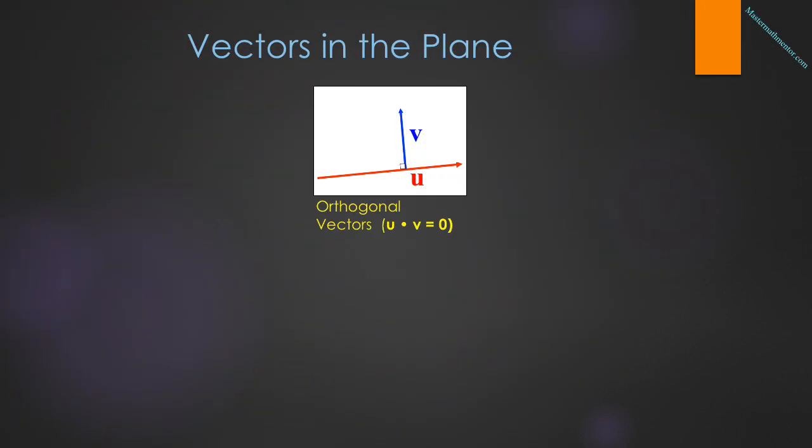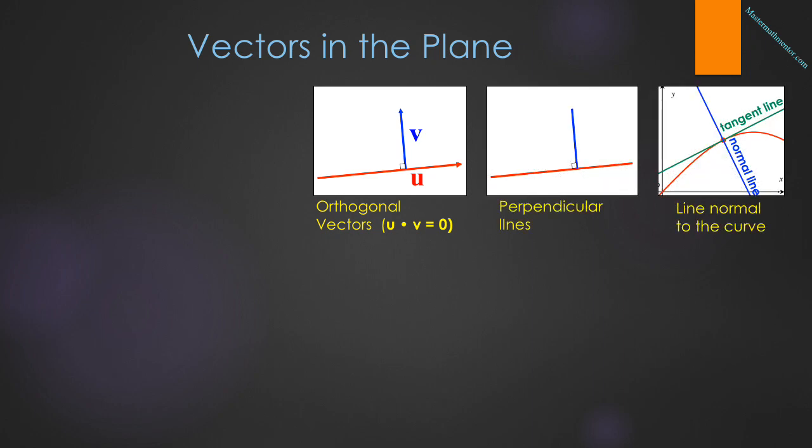Two vectors u and v are called orthogonal if their dot product u dot v is equal to 0. In terms of geometric interpretation, this makes sense. If there is no projection of u onto v, then the two vectors must be at right angles to each other.